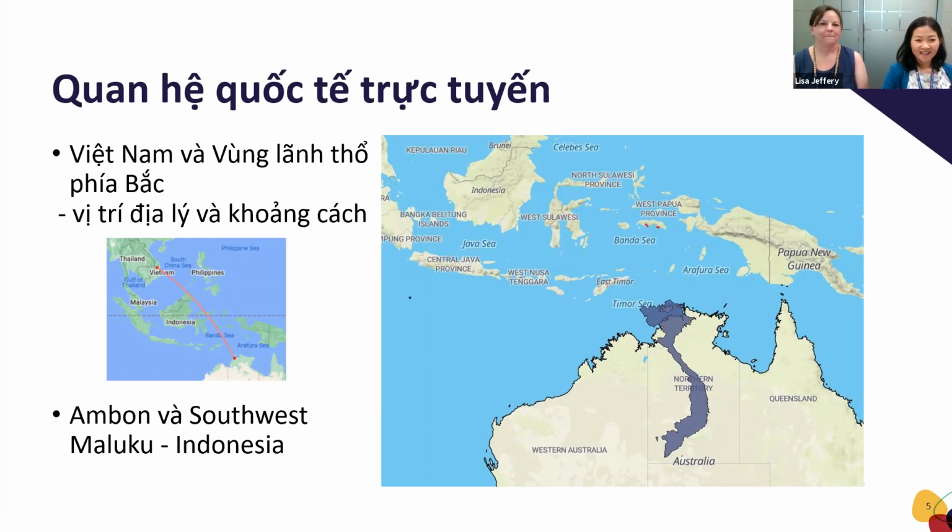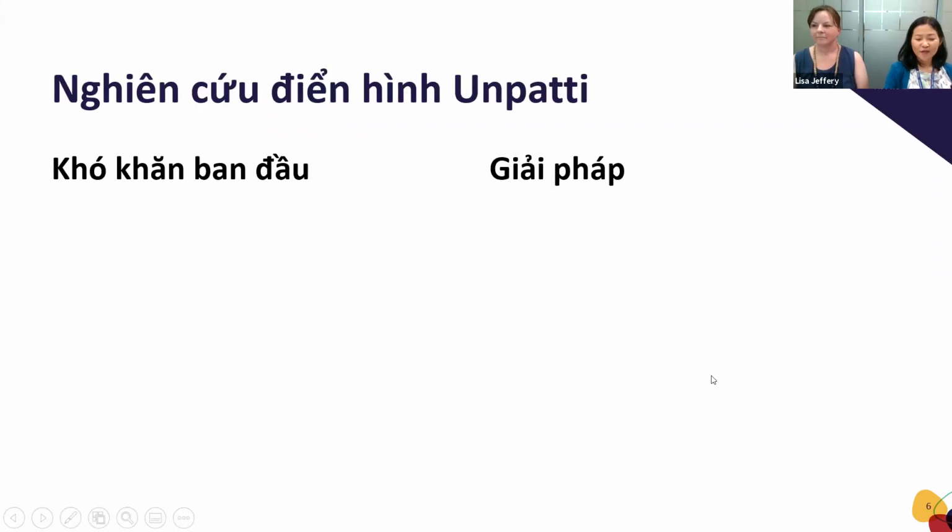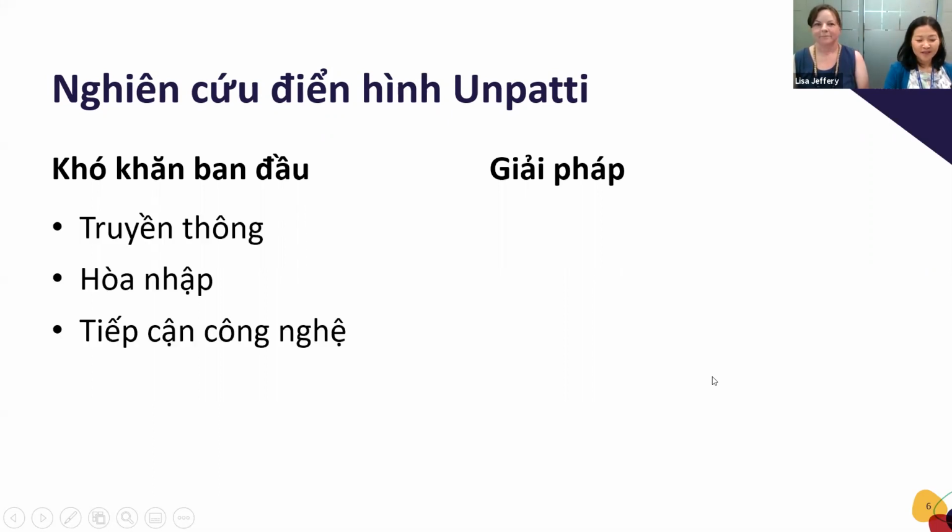Okay, now let's talk about our case study of Unpati. Before we designed the online program for Unpati, we had a list of things to do, and we needed to communicate with them. But communication is not easy.